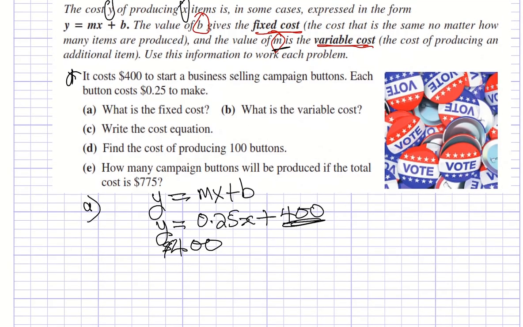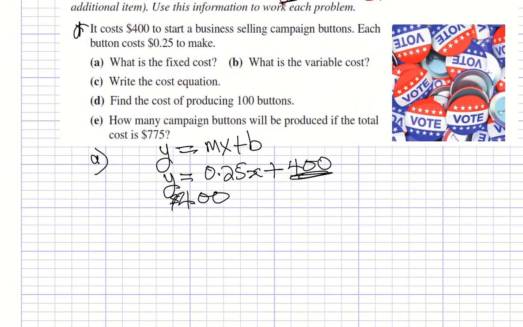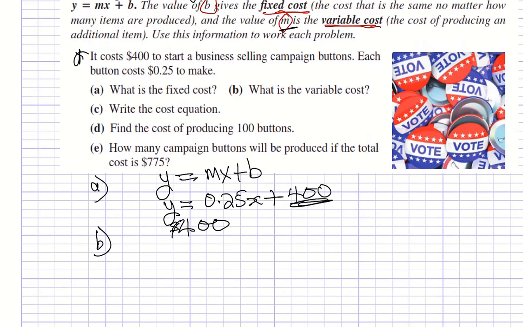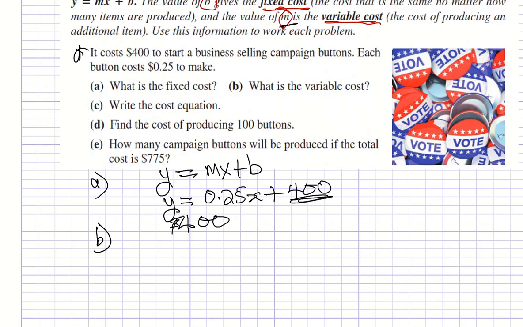Alright, so what is the variable cost? Based on what they give us, the variable cost is 25 cents.